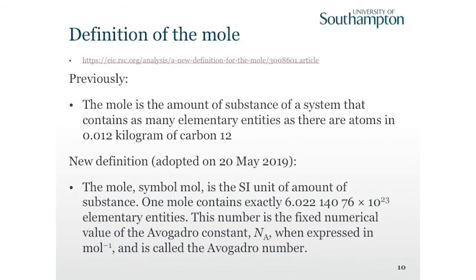What it's now been defined as, because they are able now to work out the number of particles in a mole, Avogadro's number, to a higher degree of resolution, they have now defined the mole in terms of Avogadro's number. And you've got the old and the new definition on the slide.